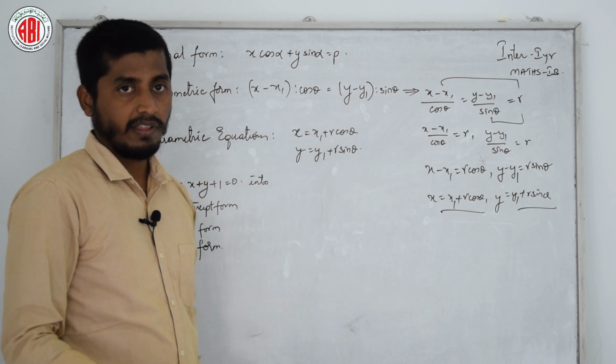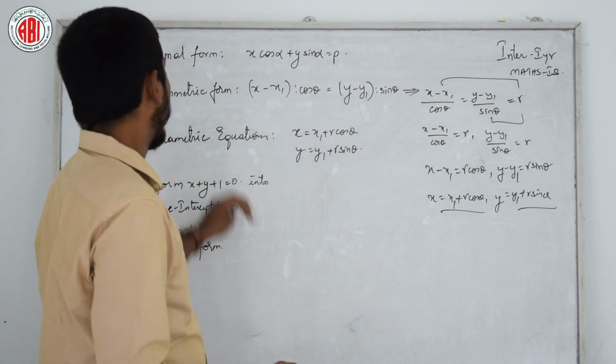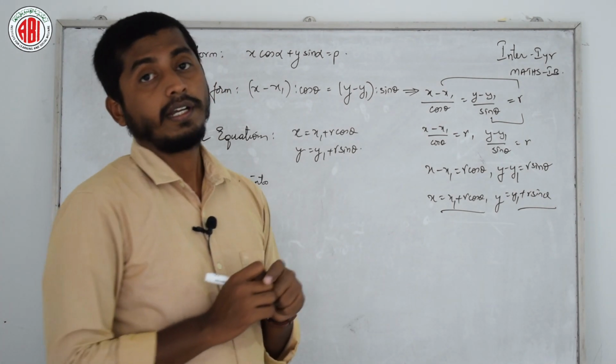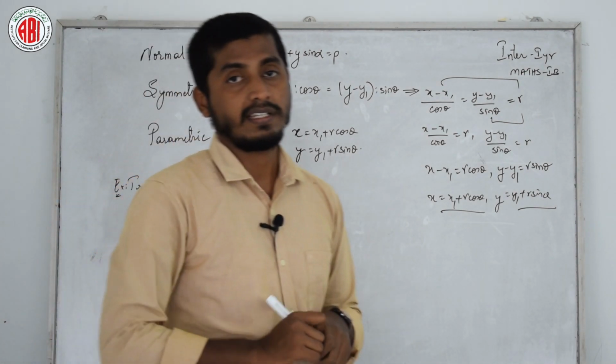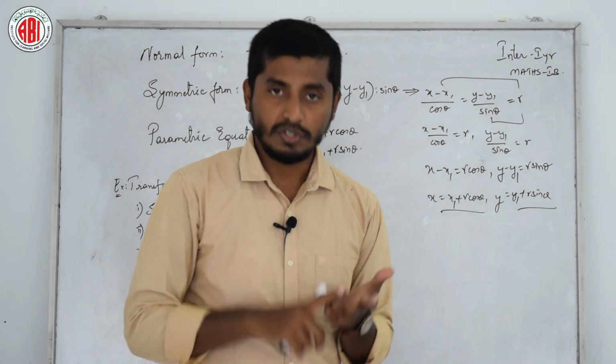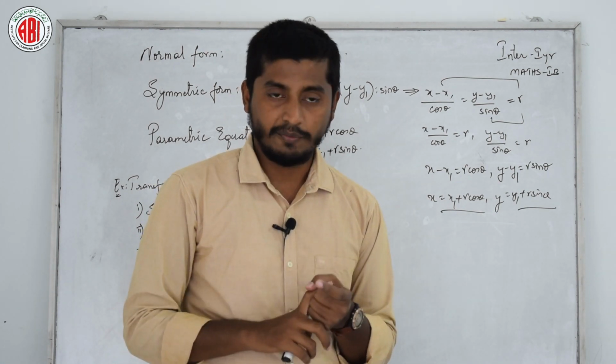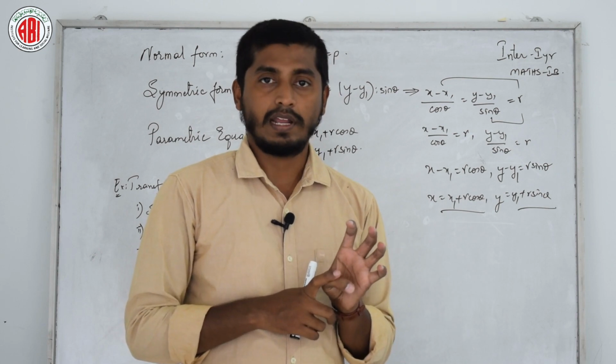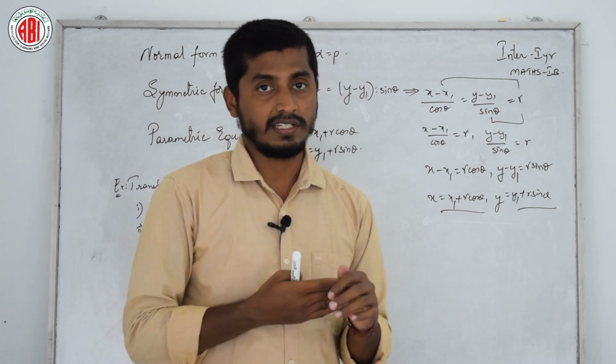Done. Shall we move on to the next? By this, how many different forms of equations have we discussed till now? Slope form, slope intercept form, point slope form, two points form, right? These are different kinds which we discussed yesterday.